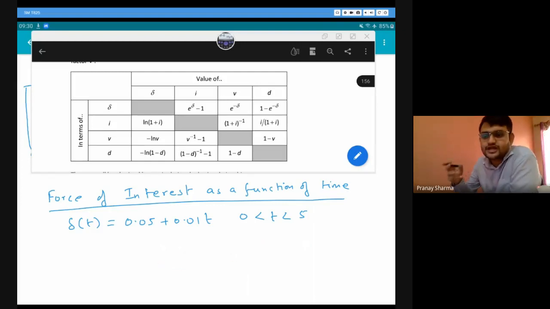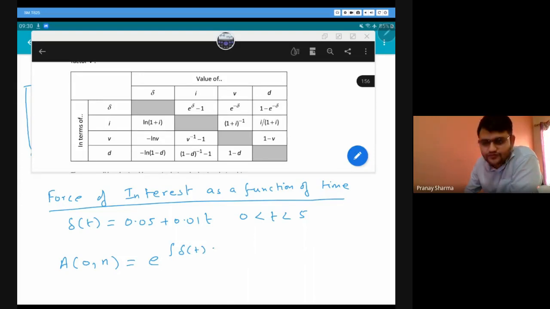Now we use that concept because we want it to be easier to calculate, because if we make it into a function, it is easier to calculate by using integration. So if we have a function of time, our accumulation factor will be e raised to the integration of delta t dt.